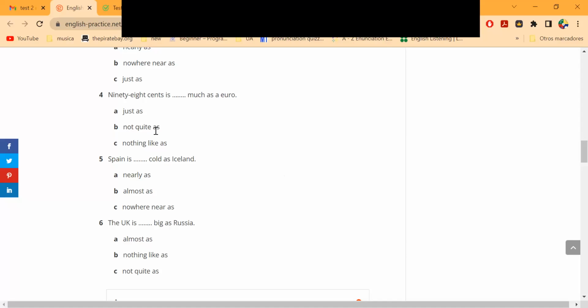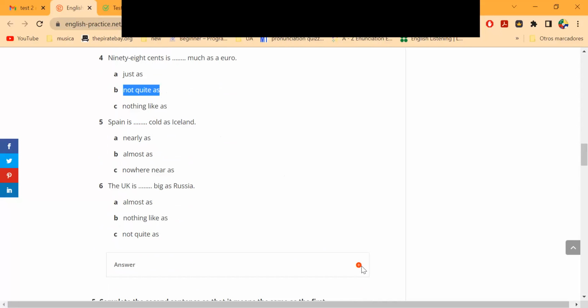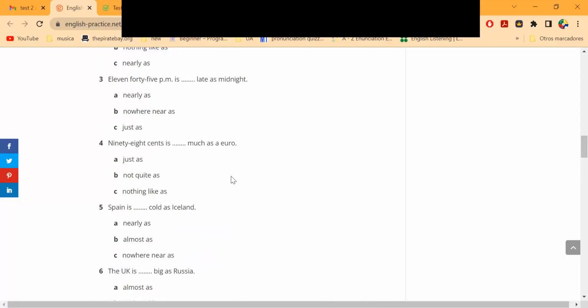Not quite as. No. Not quite as. Just as. No, porque esto sería en equivalencia. Sí, po. Y esto es no tan, pero una diferencia mínima. Yo diría que not quite as. Es la 4. Sí, B. Correctísimo. Muy bien. Number 5.